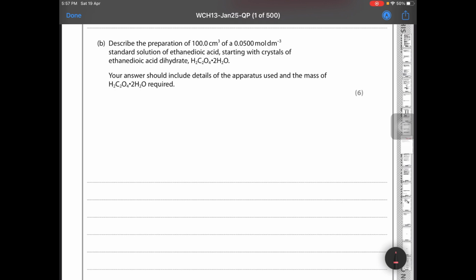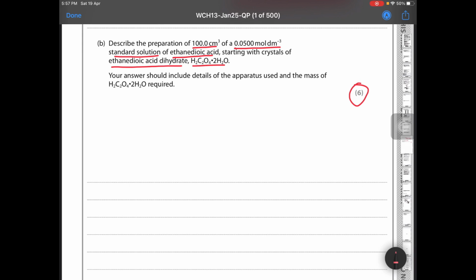Next question is your 6 marker, and this is a very easy, nice 6 marker. Rarely you find questions like this. It says describe the preparation of this much volume of this much concentration of standard solution of ethanedioic acid, starting with crystals of ethanedioic acid dihydrate.